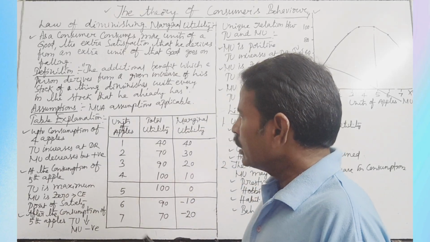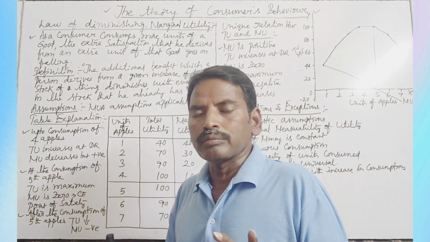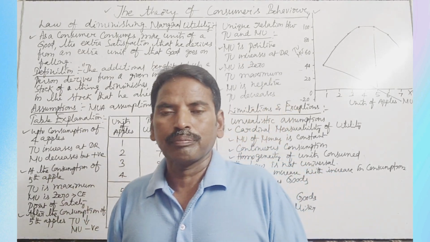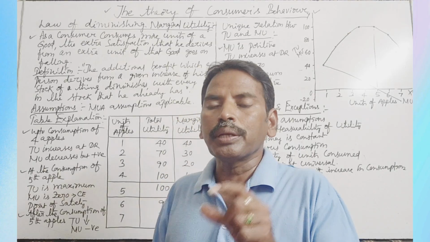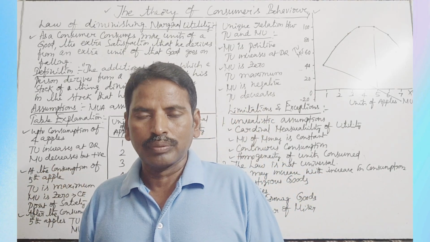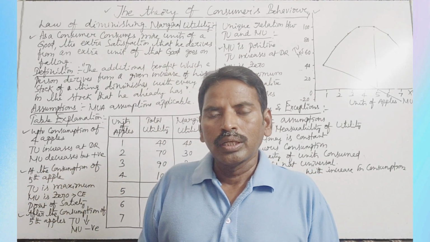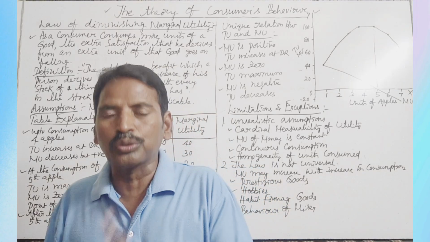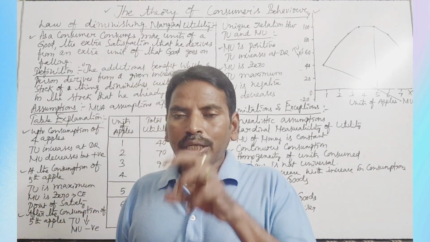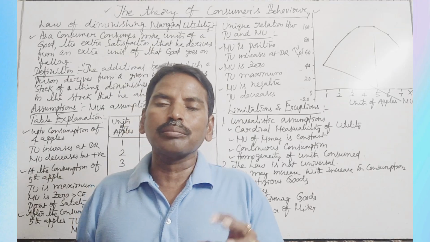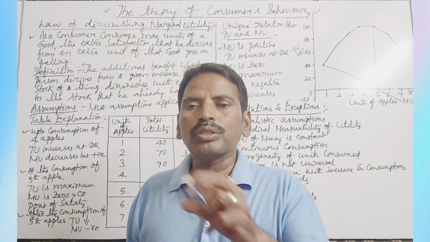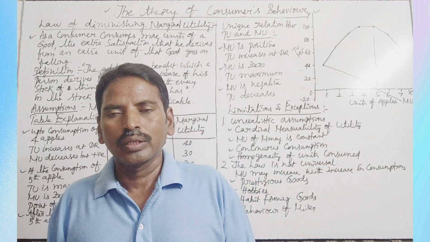Next, this theory depends upon some assumptions. One is, the consumer is a rational consumer. A rational consumer is a consumer who always seeks maximum satisfaction with his limited income.